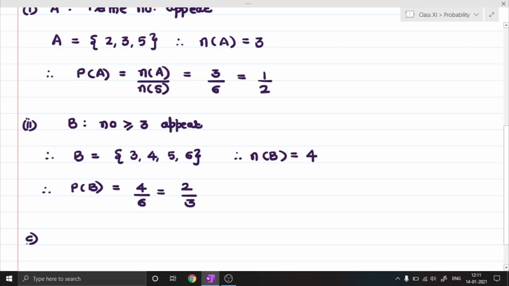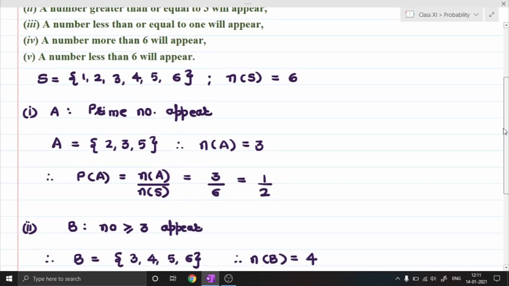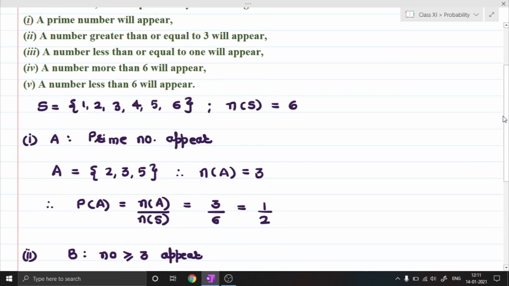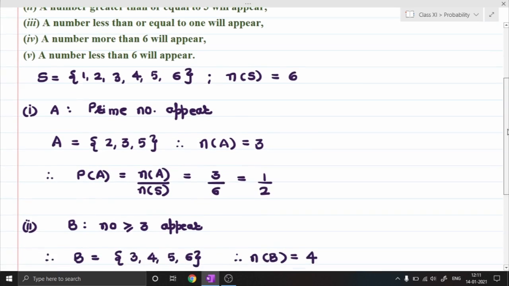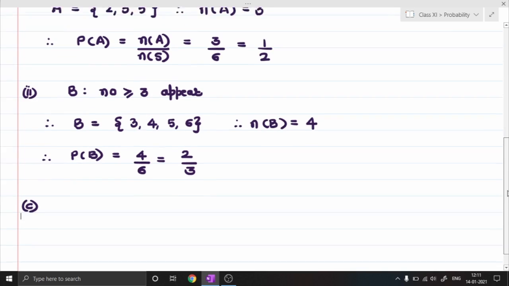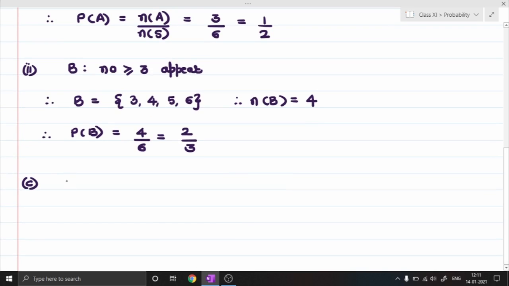Similarly, check the third part. What are they asking in the third part? A number less than or equal to 1 will appear. Here I will define one event C: the number less than or equal to 1 appears.